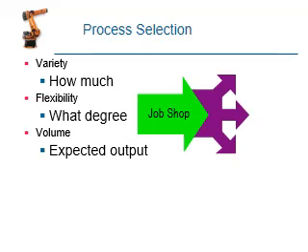This slide shows variety, flexibility and volume. What about our company capability? Every component has some variety of operations. Some components do not need variety. One component may need drilling, milling, welding, and many operations, but another component needs only turning.